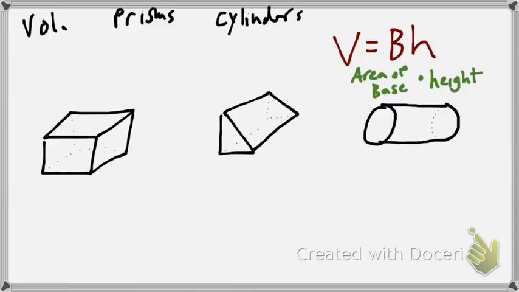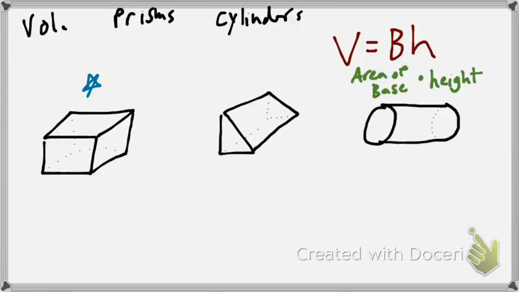You would think that's easy, but it's not. Most 8th graders will tell you that the base is what's on bottom, and that's not true. The rectangular prism is the only one where the base is what's on bottom.